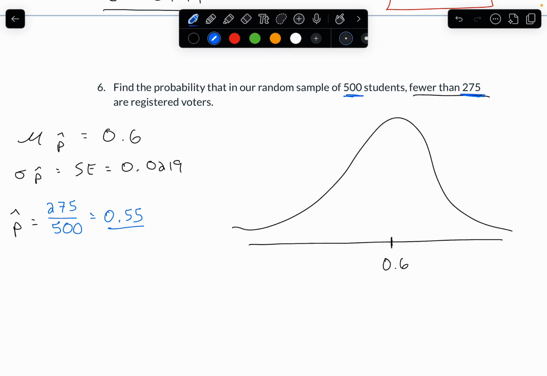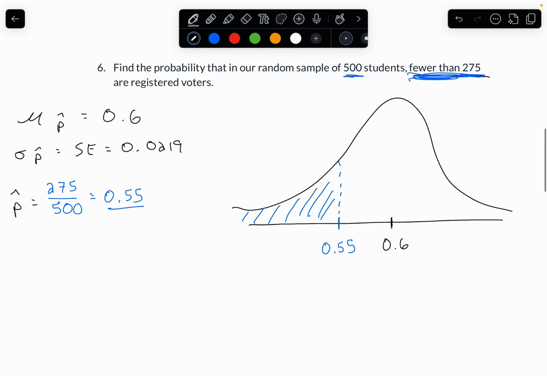So that number is less than 0.6. It's going to be somewhere over here on the left. Here's 0.55. And this said fewer than 275, fewer than meaning the area to the left. I must be talking about this area over here.